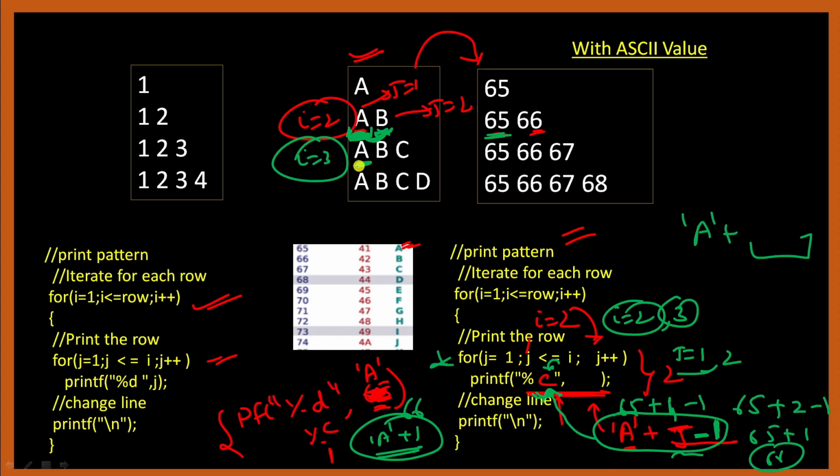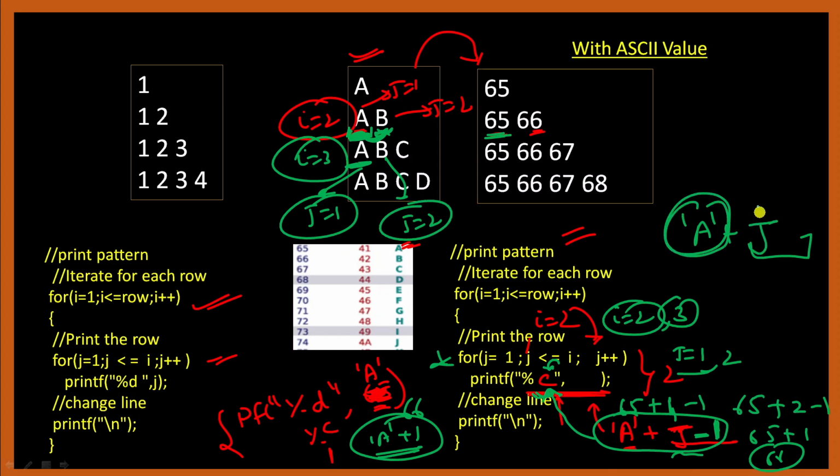Here j is 1, so I want one step ahead, here I want two steps ahead from this base point. And this minus 1 I am doing because without it my answer does not come out correct, it comes one more. So this is just the aptitude thing.